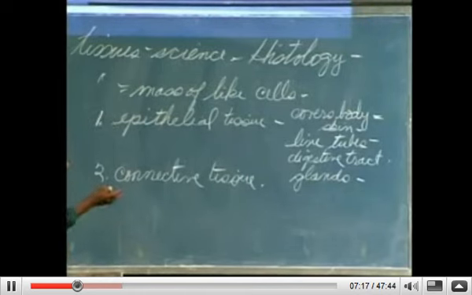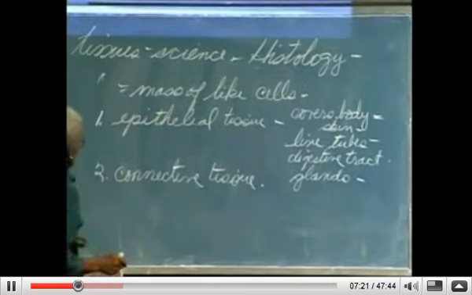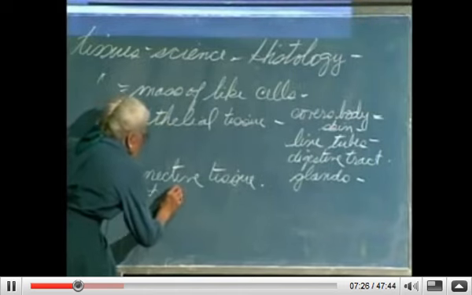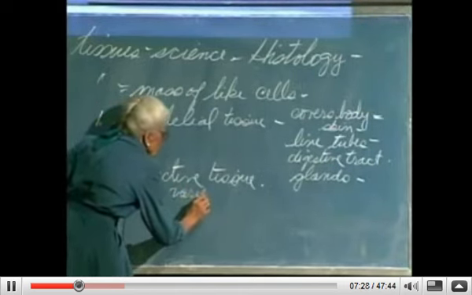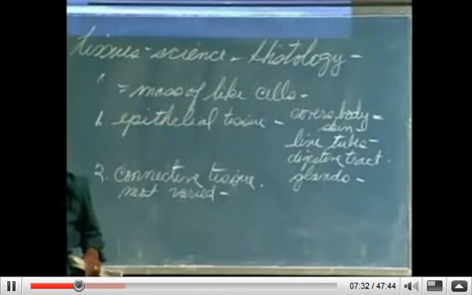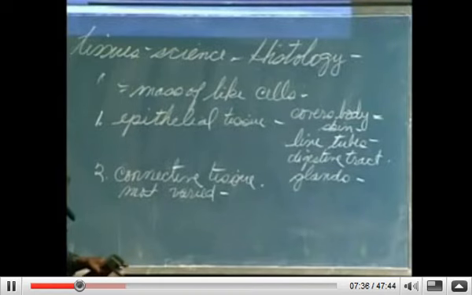Now, connective tissue is the most varied of your tissues. Connective tissue is characterized by cells, fibers, and a matrix.